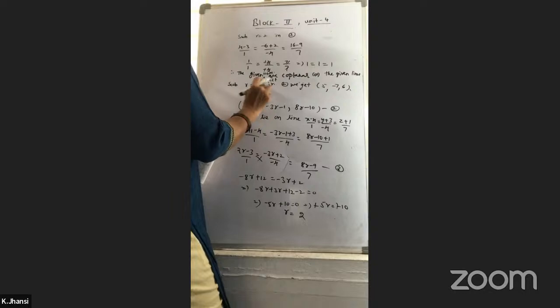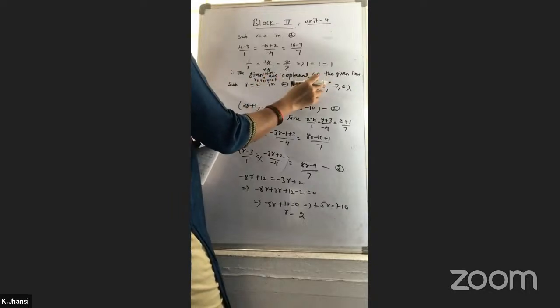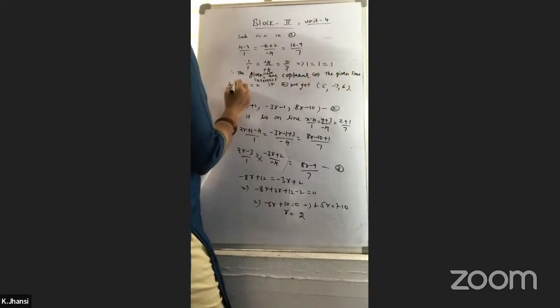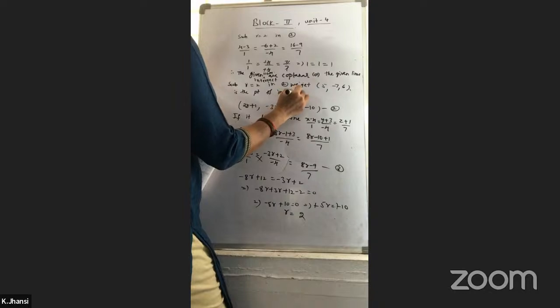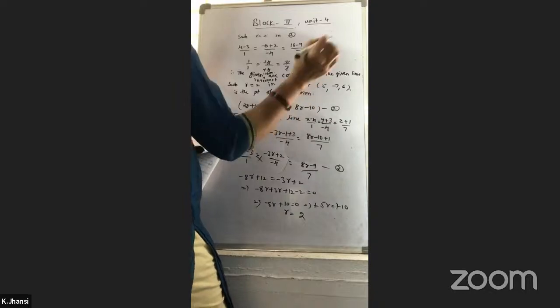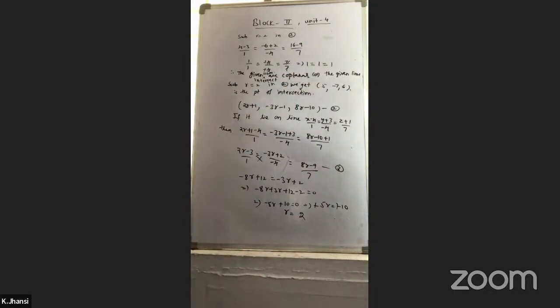When you substitute R equals 2 in the second equation, we get 5, minus 7, 6 as the point of intersection. So this is one procedure. In the question, if he is asking to show that the two given lines are intersecting and also find the point of intersection, this is the procedure.